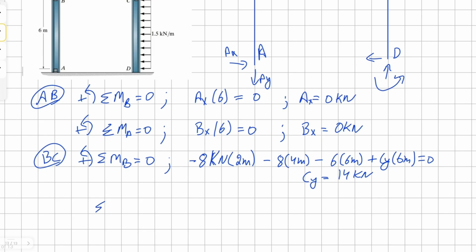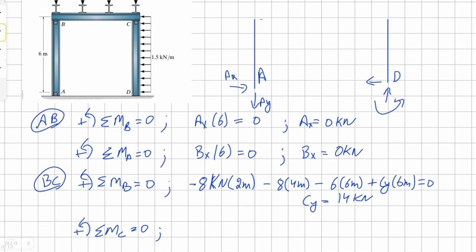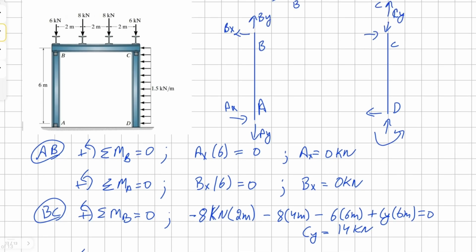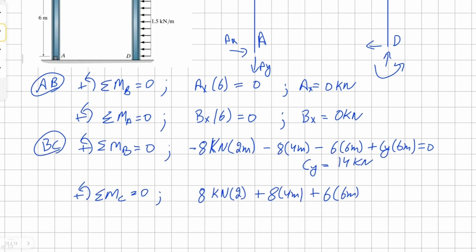Now I'm going to take a moment about the point C. There is a point load working counterclockwise, 2 meters away, another one at 4 meters away, and another one at 6 meters away. And then we have a vertical component that's also working counterclockwise, By, and it's also 6 meters away, and everything is equal to 0.